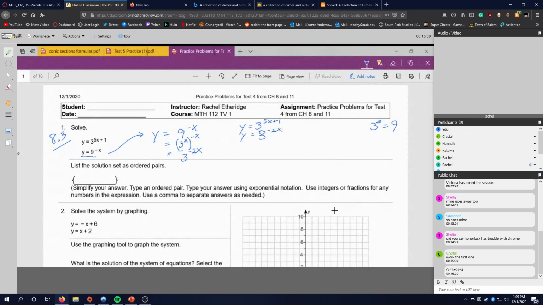I can replace one of these y's with the other, so I can put those two equal to each other. Then using the one-to-one property, I can drop the bases, because now my bases are exactly the same. I can only do that if the bases are the same.